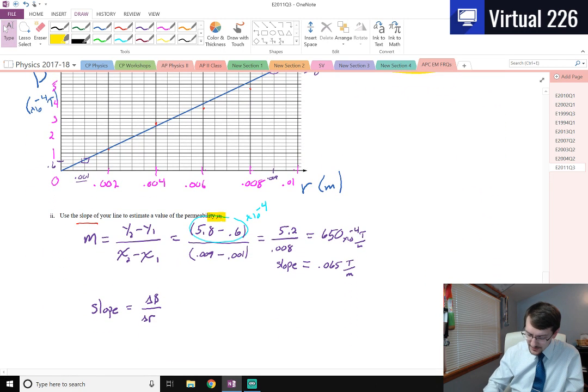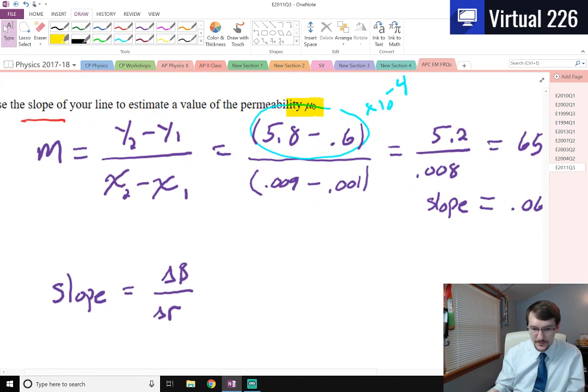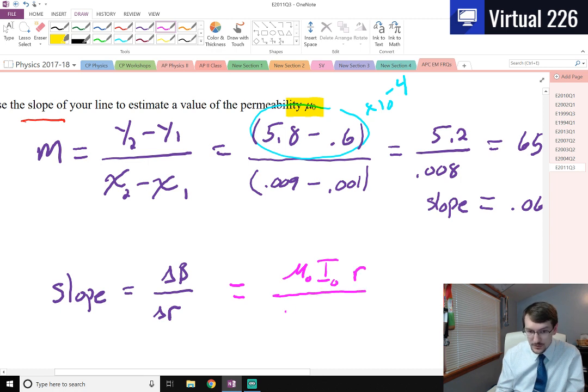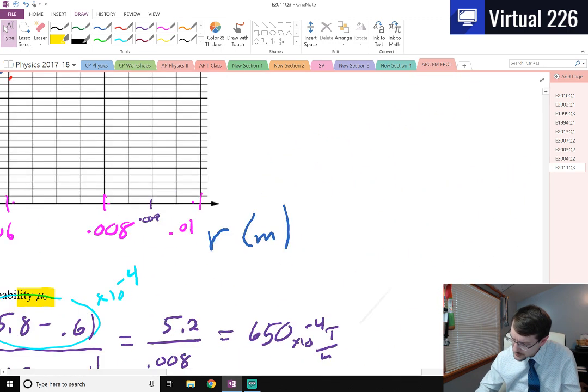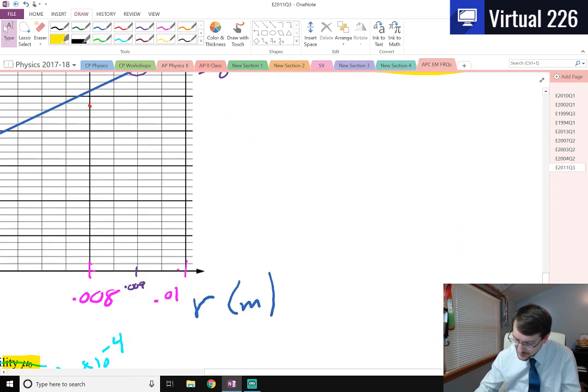So we can say that this slope is equal to mu naught I naught r over 2 pi b squared, I believe it was. Was it b squared? Yeah, b squared.